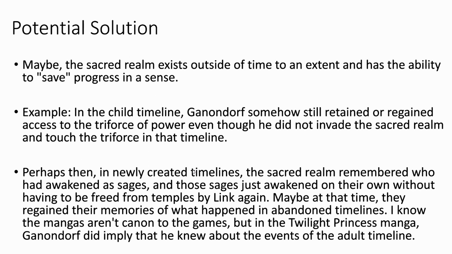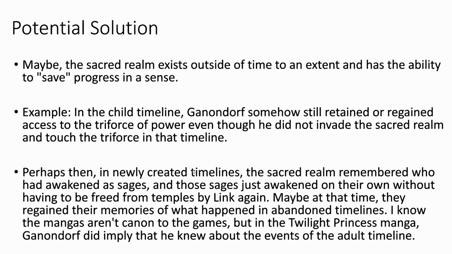sometime between his childhood in timeline 2 and him awakening as an adult in timeline 2, the Sacred Realm's saving progress feature would have remembered that Saria, Ruto, and Darunia had awakened as sages in timeline 1.